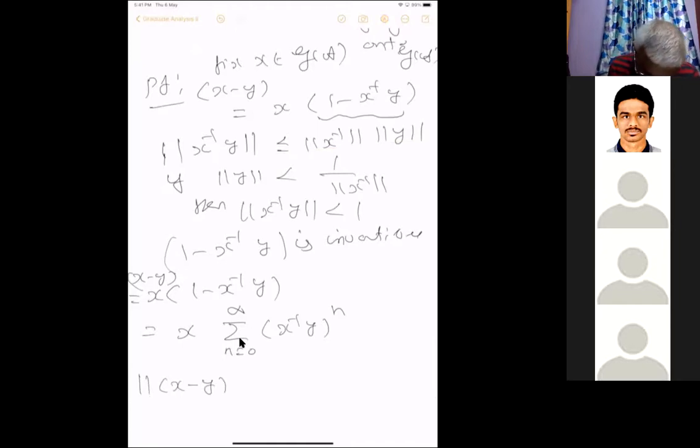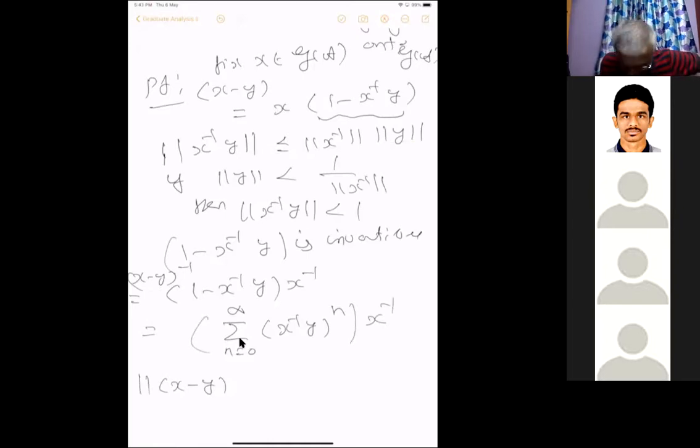Since x minus y equals x times (1 minus x inverse y), the inverse should be on this side. I may make mistakes, so please correct me if I am wrong anywhere.